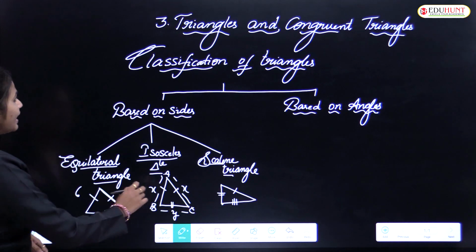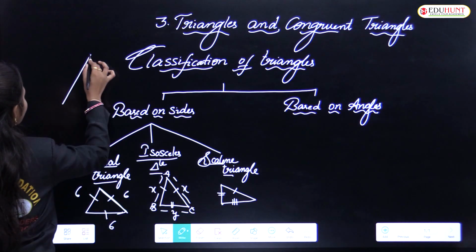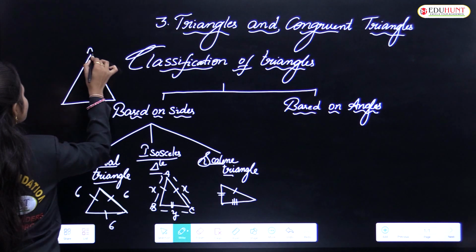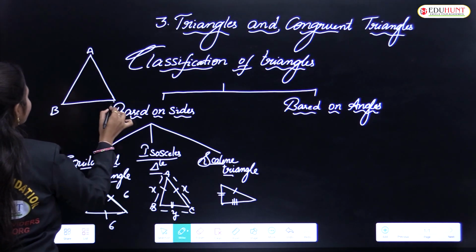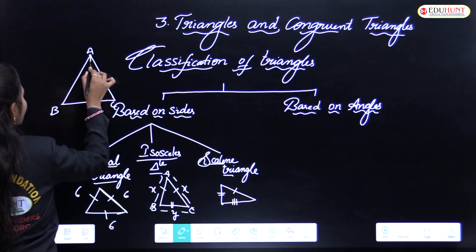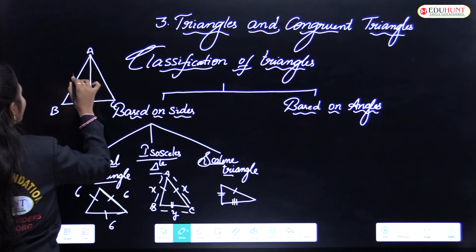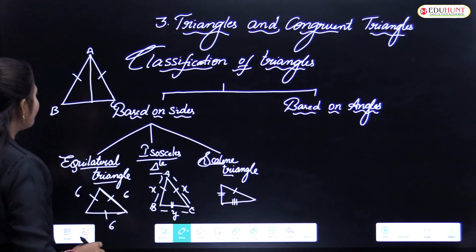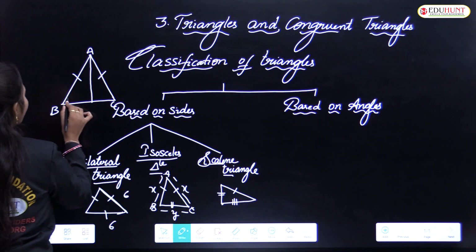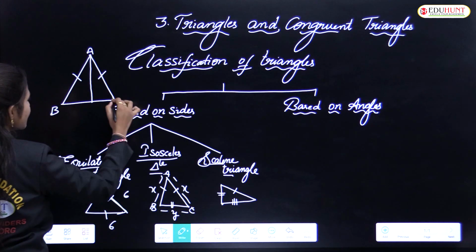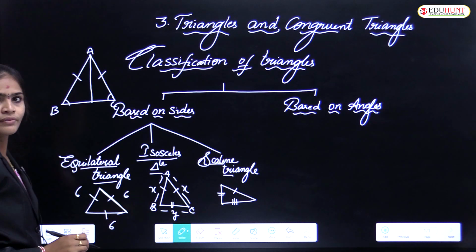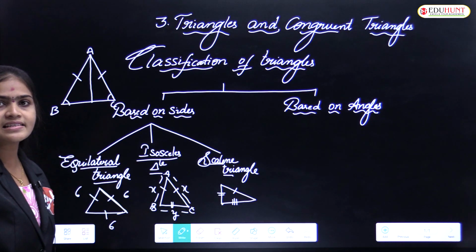Now in an isosceles triangle we can observe this in one of the triangles. This is ABC, and AB is equal to BC. When you observe that these two sides are equal, we can say that its base angles are equal.